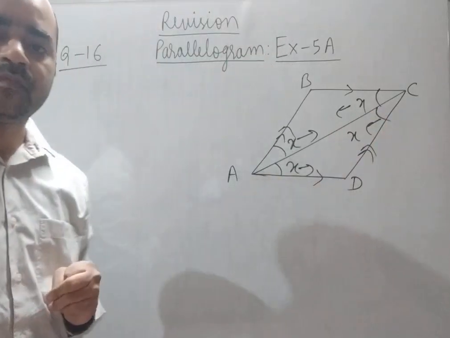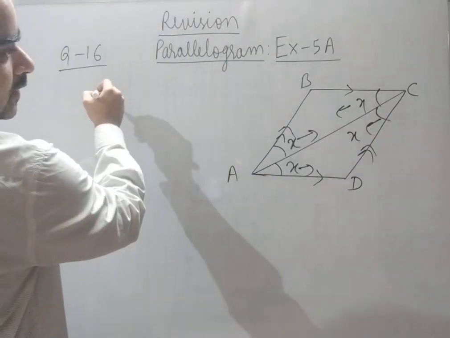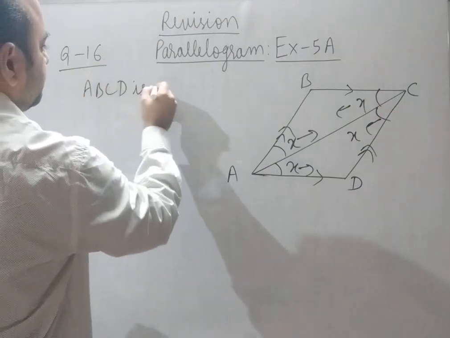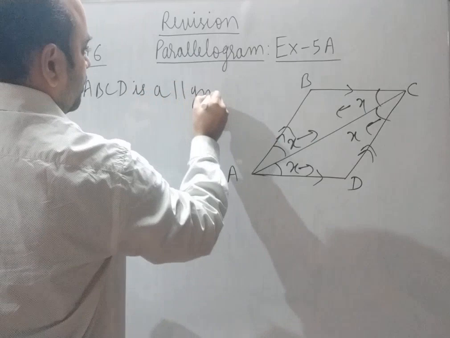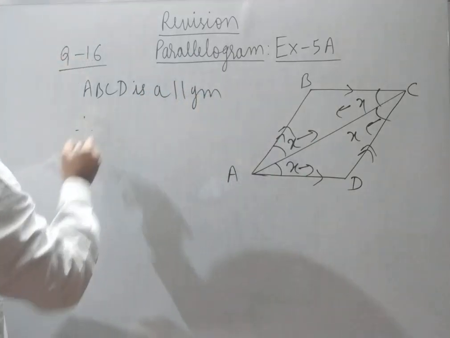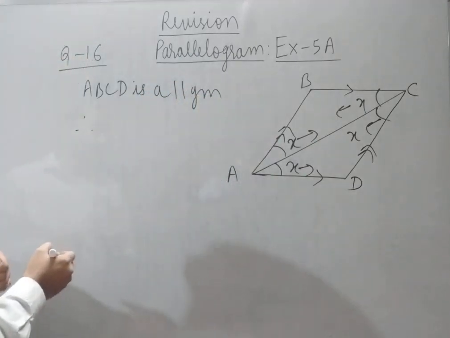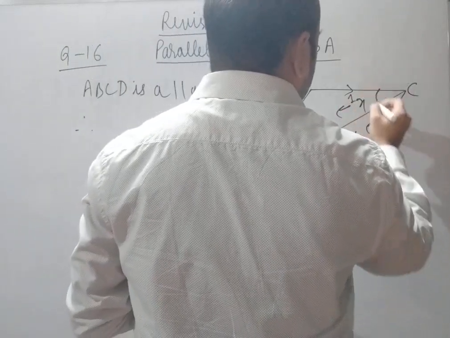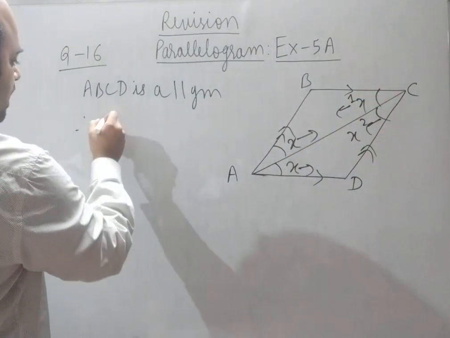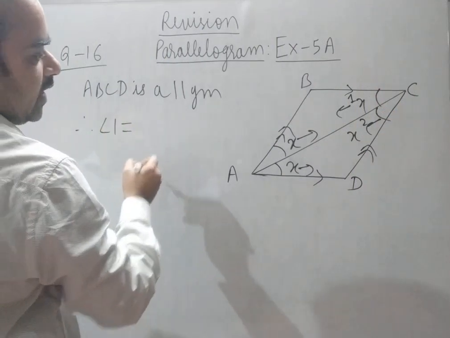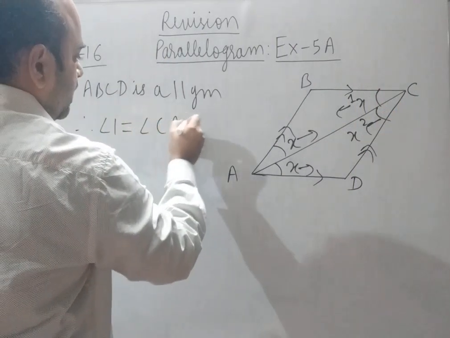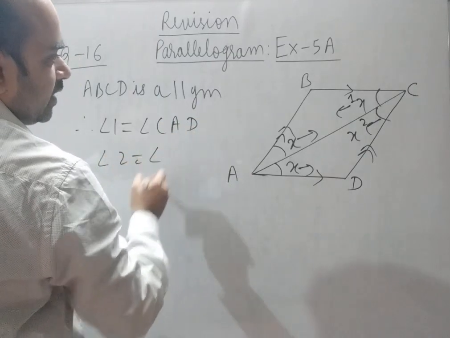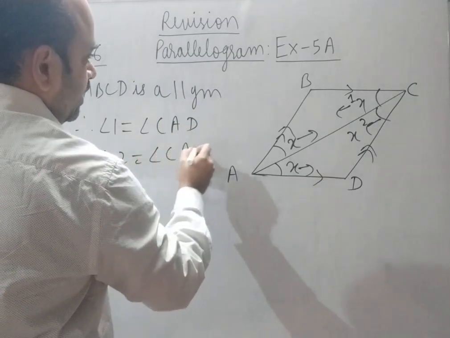And this is X, this will be also X. Correct or not? Since we will write what? ABCD is a parallelogram. Therefore, which angle? You can take, suppose this angle is 1 and this angle is 2. So, angle 1 will be equal to angle CAD and angle 2 will be equal to angle CAB.